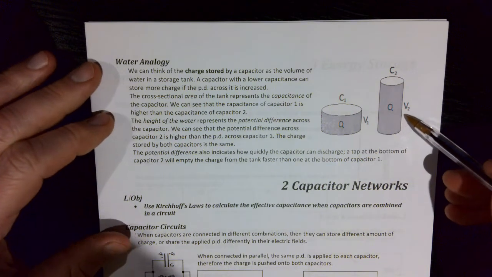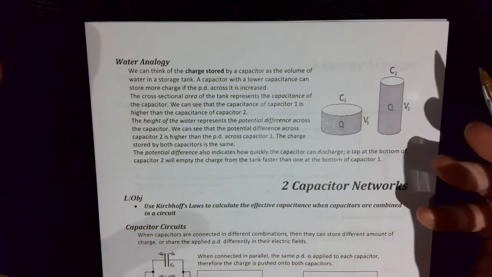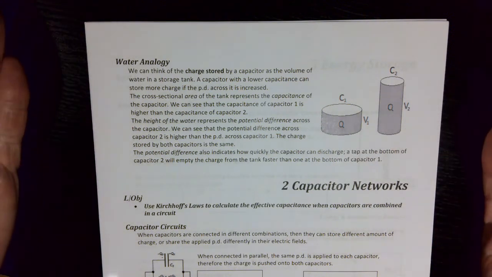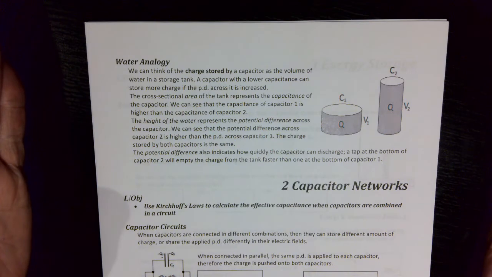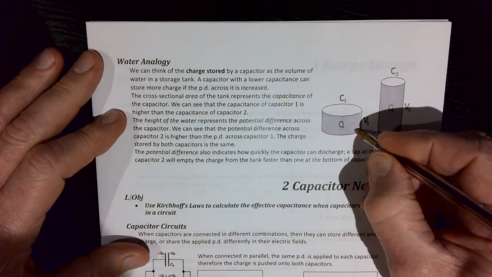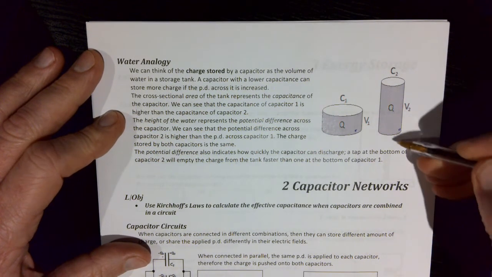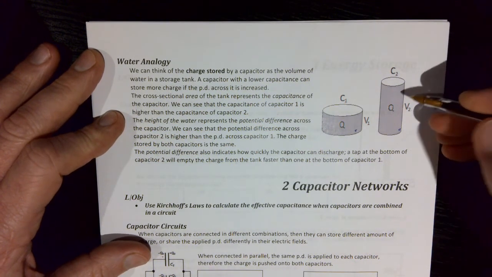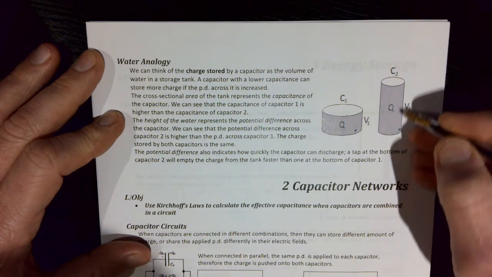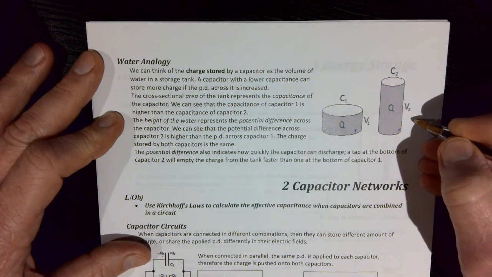Okay, they can have the same volume, so they can have the same capacity, but what works different is how quickly charge flows in and out. So if you were to think about water tanks and you were to put a hole in the bottom, this one will flow out much quicker because it's much deeper. Okay, so effectively this depth is equivalent to the potential difference.